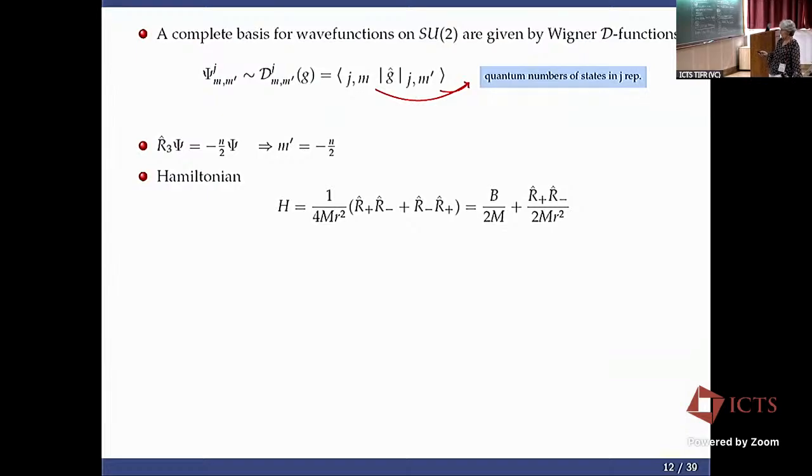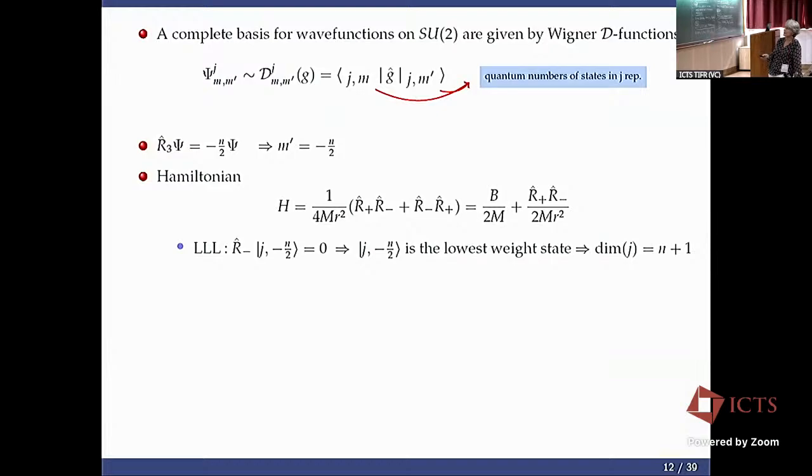Because of that, the lowest Landau level is characterized by R minus on this state being 0. So this is the lowest weight state in the representation. If we know the lowest weight state, we know the full representation. So the lowest weight state gives the N+1 representation, an SU2 representation.